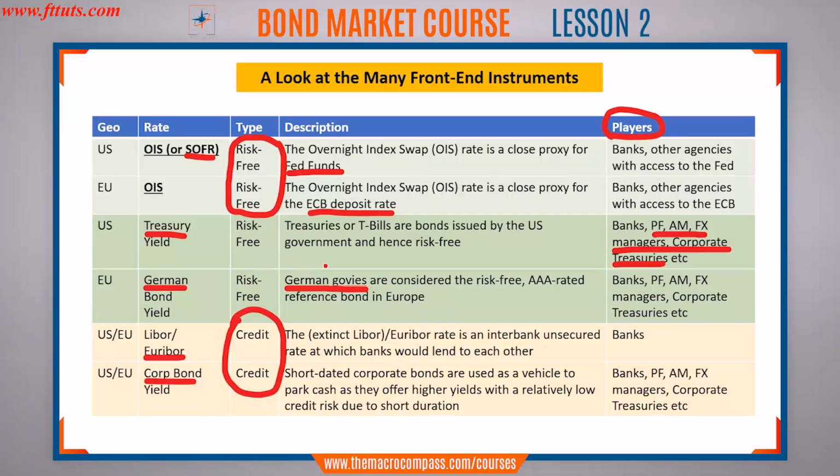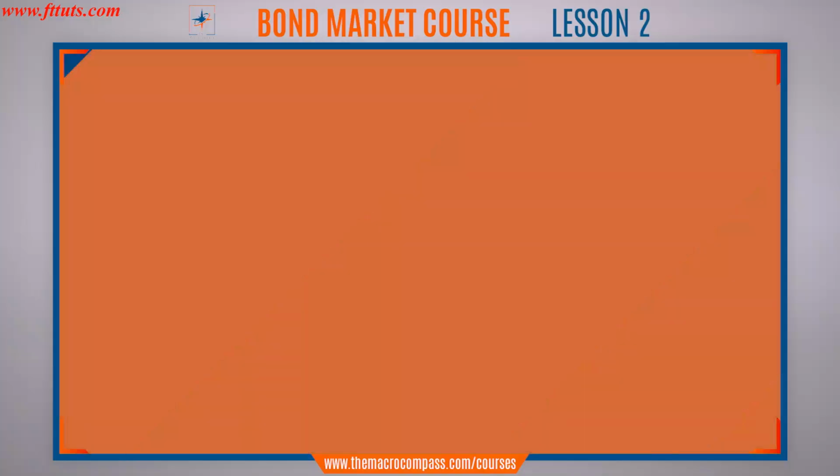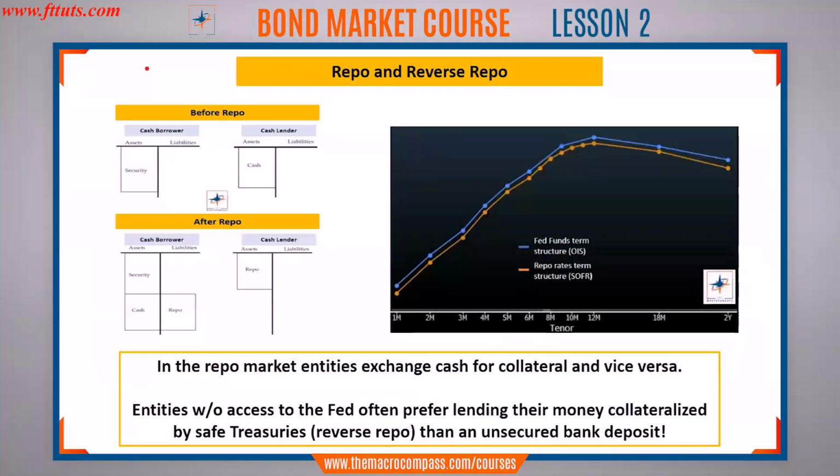We have even discussed the nuances between safe collateral and OIS, so T-bills versus OIS or German government bond yields versus OIS. It's now time to have a quick chat about the repo market or SOFR in the US. So, repo and reverse repo are important markets for the front end.